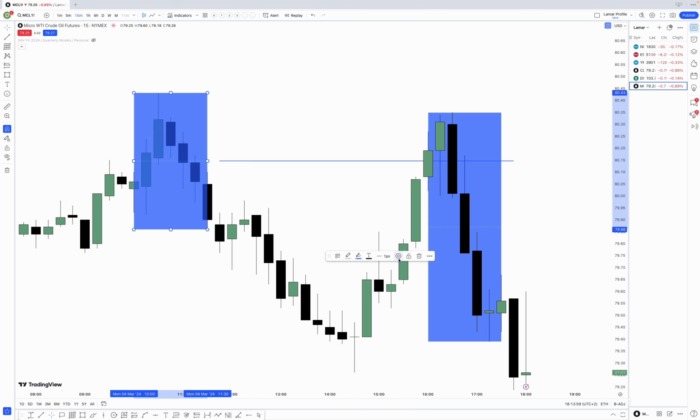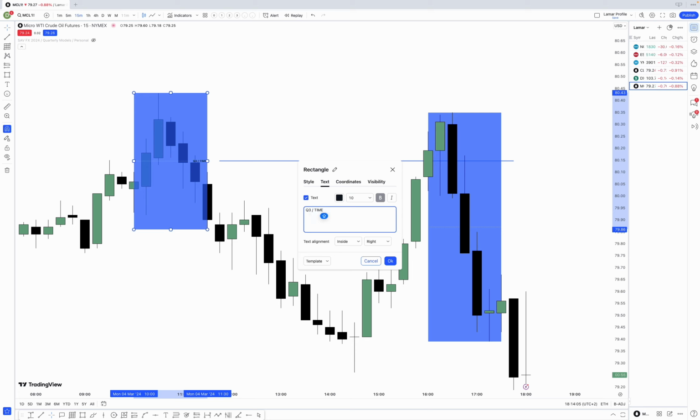So we can say like this, the Q3 time rebalance range, meaning we're looking to see price rebalance the range or any PDRAs within it.